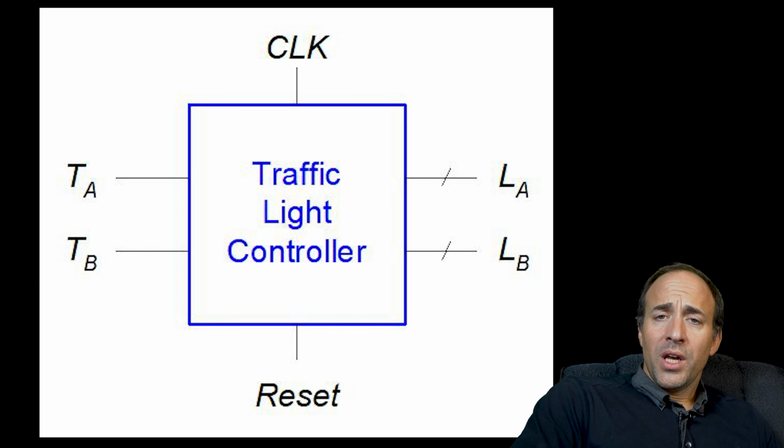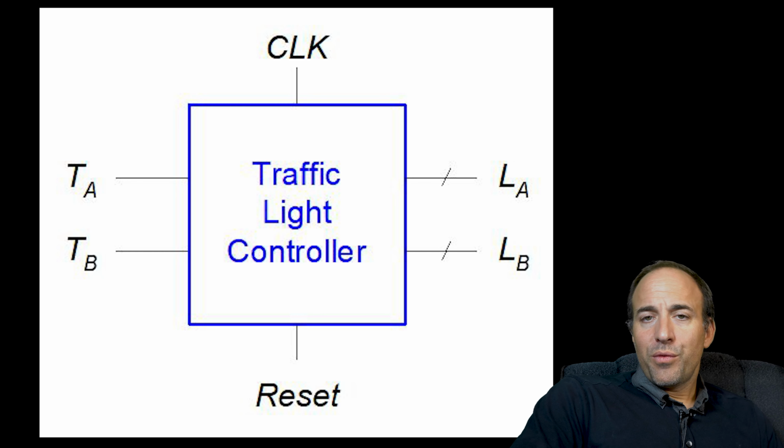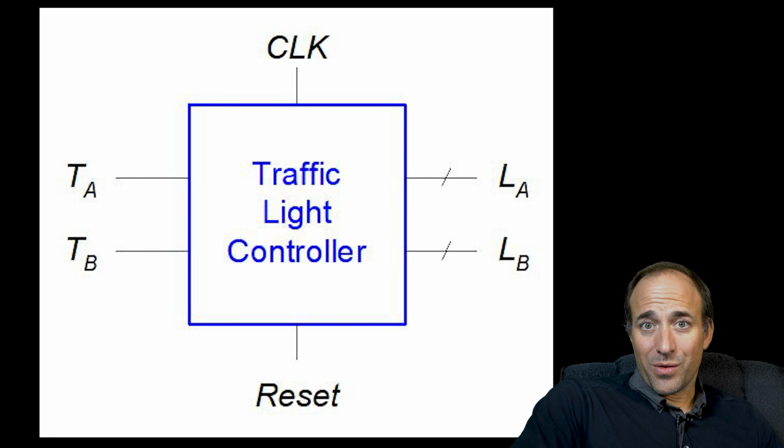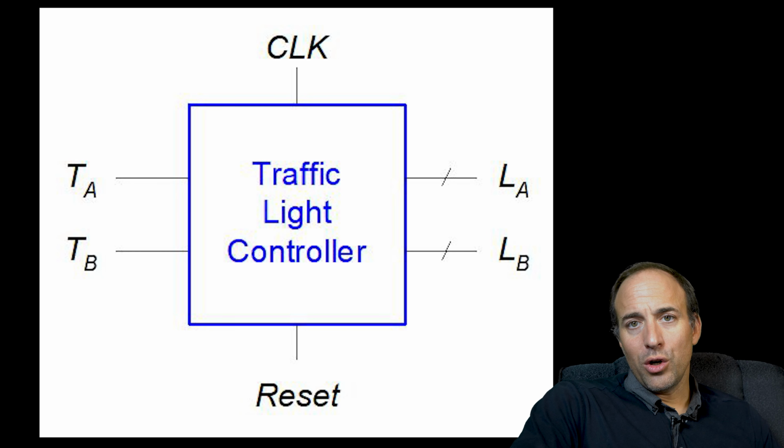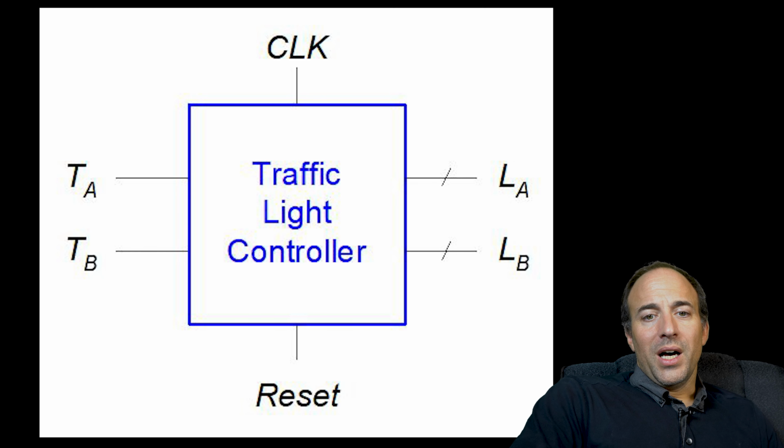The outputs to the controller could be LA and LB, each of which is 2 bits, because they indicate the state of the traffic light on each street at that intersection. So they would have a code for green, yellow, and red for the signal on each of the roads through the intersection.